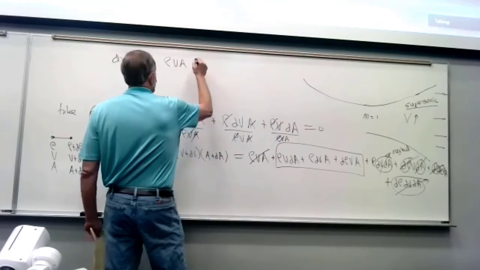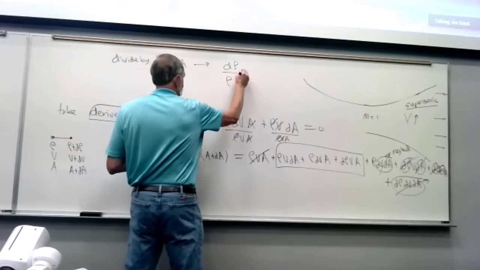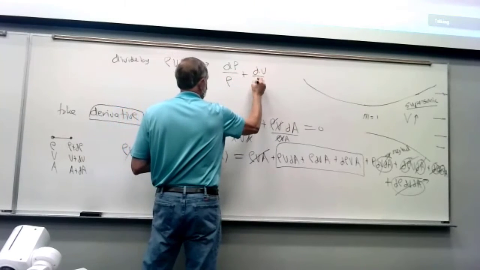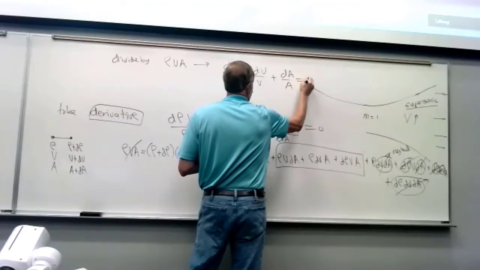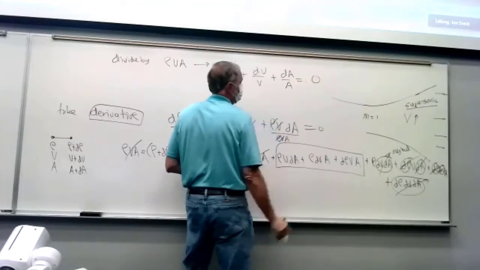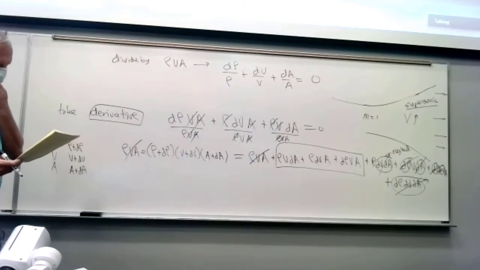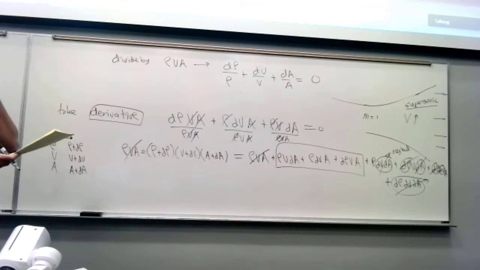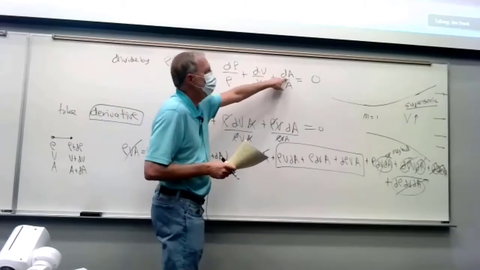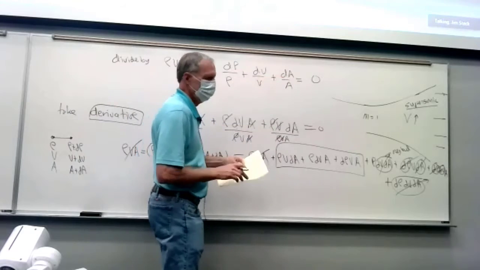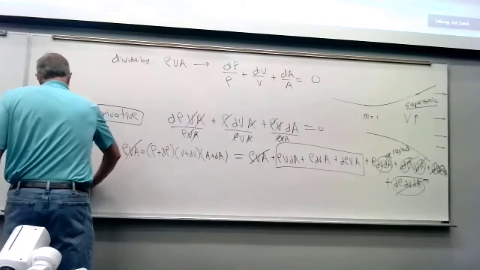And we get d rho, dV, still 0, because dividing 0 by a number still gives you 0. So this tells us how a pressure change, a velocity change, and an area change are all related. So we still have more algebra to do.